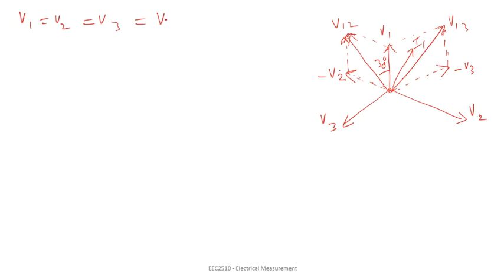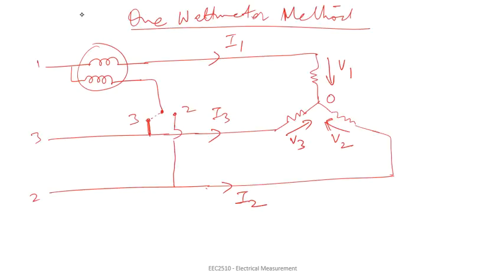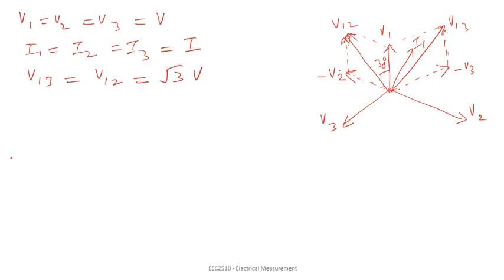Let us suppose V1, V2, V3 are each equal to V, and I1, I2, I3 are each equal to I, and the line voltages, that is V13 and V12, should be equal to root 3 V. Now let's suppose the reading of the wattmeter when the switch is at position 3. The different positions shown are position 2 and position 3.